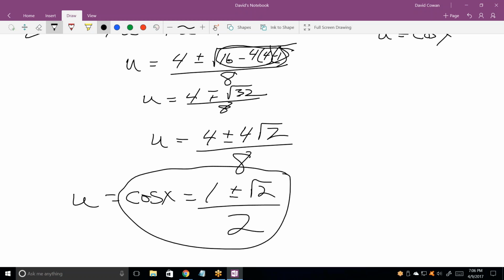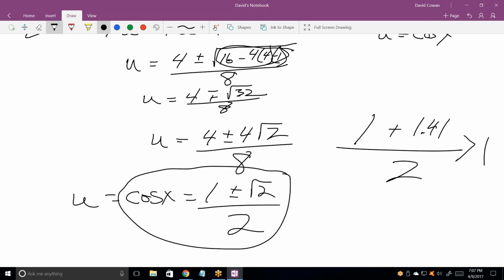Now, cosine of x is equal to this. Well, let's check both answers to make sure that both of them can be possible. Well, 1 plus 1.41, all divided by 2, is a number that's greater than 1, correct?